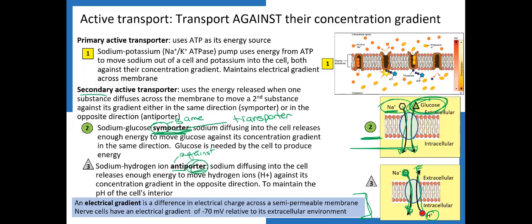Nerve cells have a negative gradient inside the cell relative to their extracellular environment. Again, we're going to talk about this later when we talk about neurons and nerve cells.